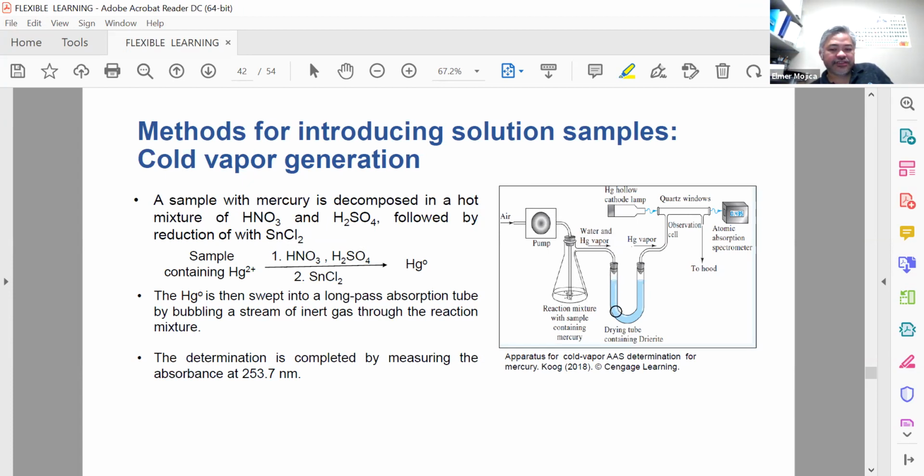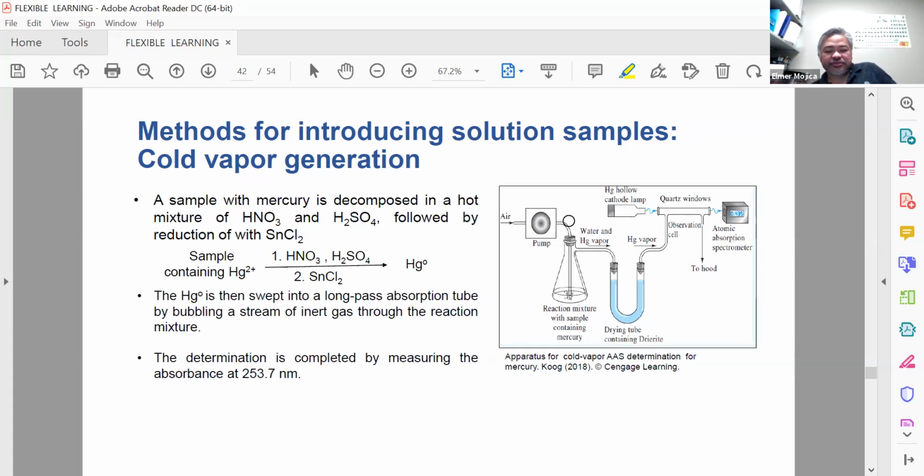They will pass through the drying tube, and then your mercury vapor you can collect through the observation cell, passing through the quartz window with a mercury hollow cathode lamp, and you can determine the sample.